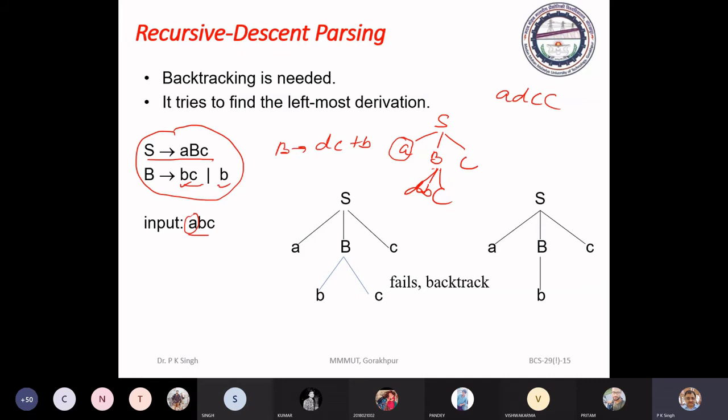B should be replaced by its right side. It will select the first one. So BC will be selected as in this case, and then it will get the match.